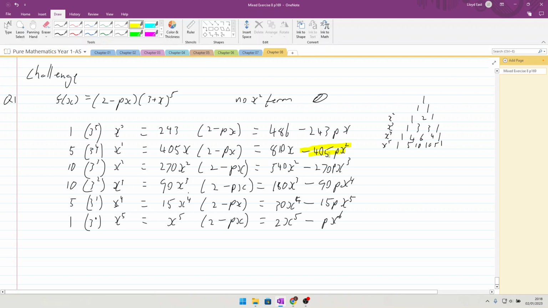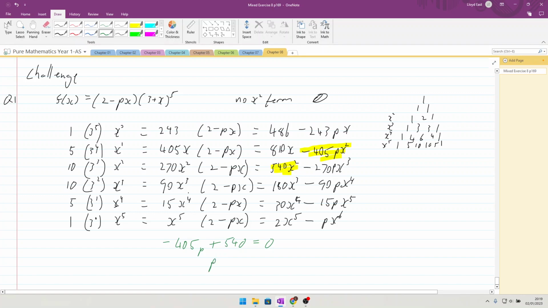Now, as we go through this, we can see that as we start collecting these terms, obviously that is an x squared term, and that is an x squared term. Nothing else is an x squared term. And we're talking about the coefficients of them. So if we take minus 405p, add it to 540, that will equal 0.